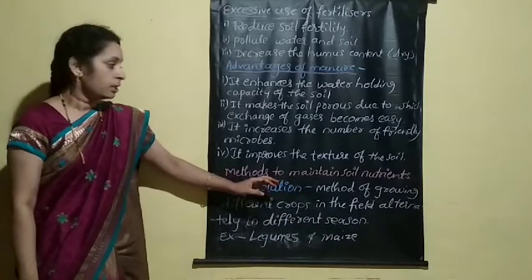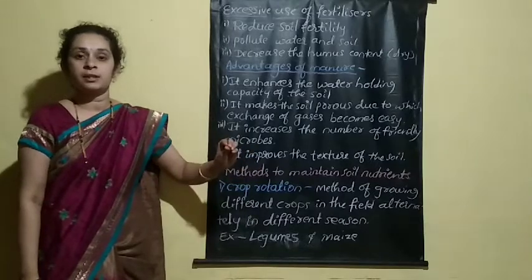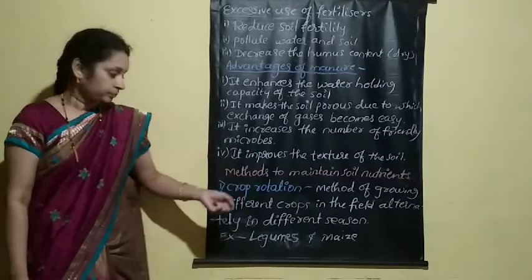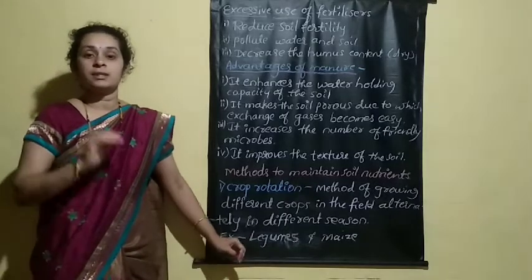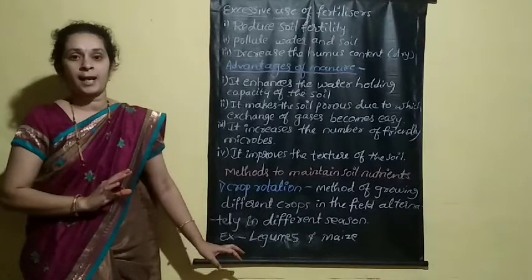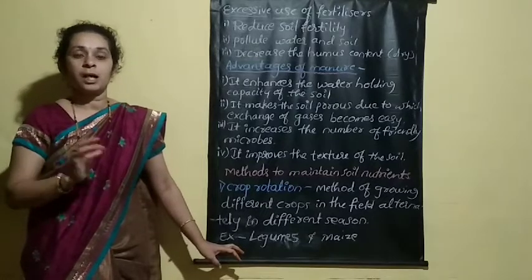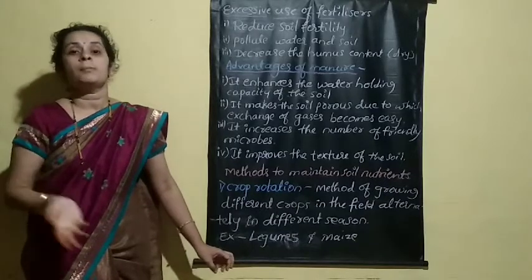In this method, farmers grow different crops in alternate seasons. For example, in one season, farmers will grow leguminous plants, for example dal plants, groundnut, like that. In another season, they will grow maize.